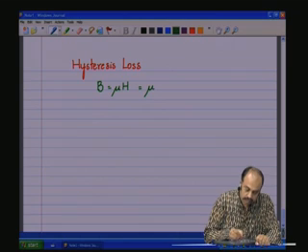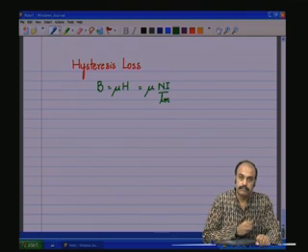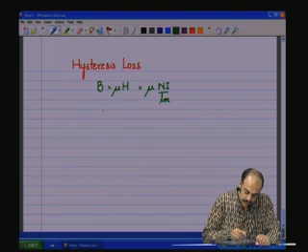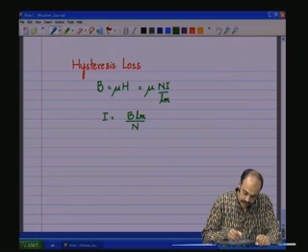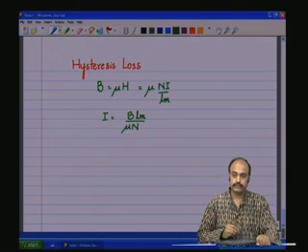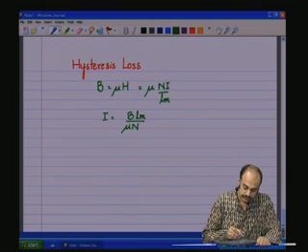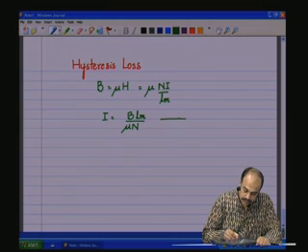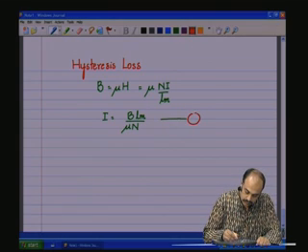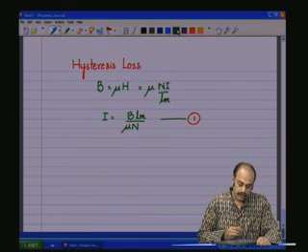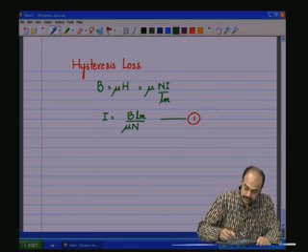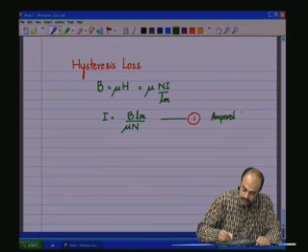H is N I by Lm. So, therefore, I is equal to B Lm by mu N. This is one equation, and it is coming from Ampere's law.